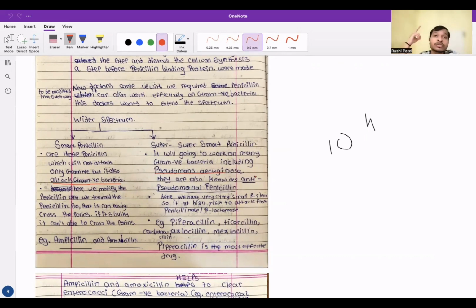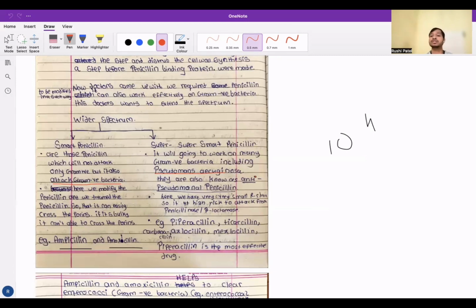The molecule becomes too small again, so it requires bodyguards like tazobactam, sulbactam and clavulanic acid.